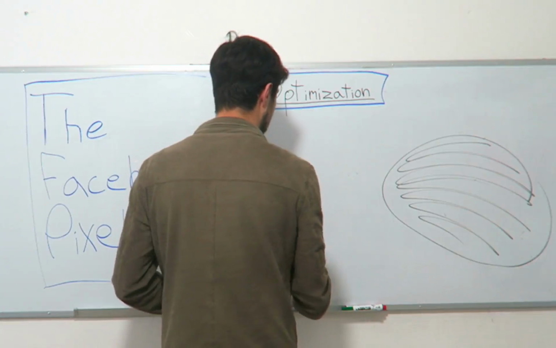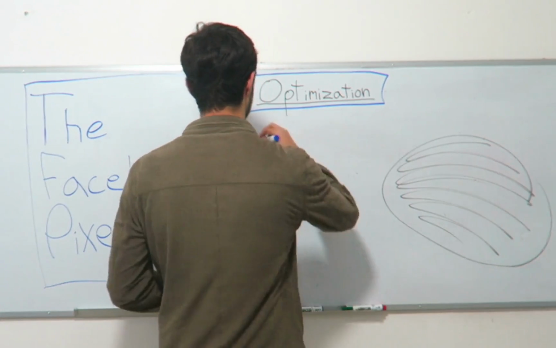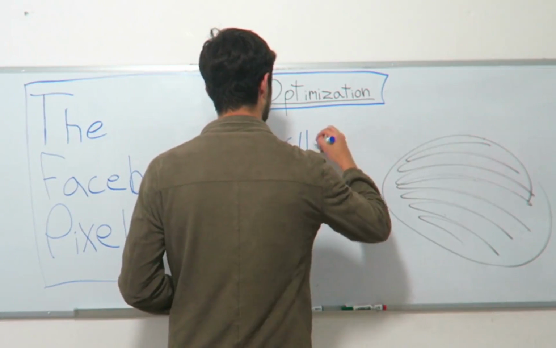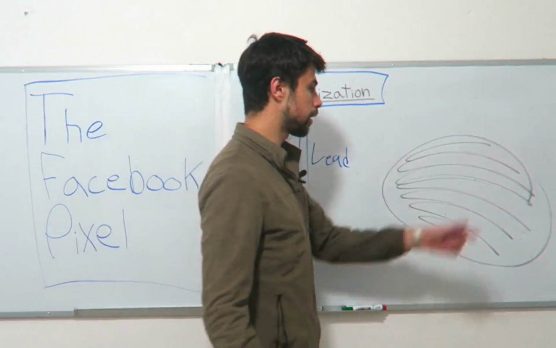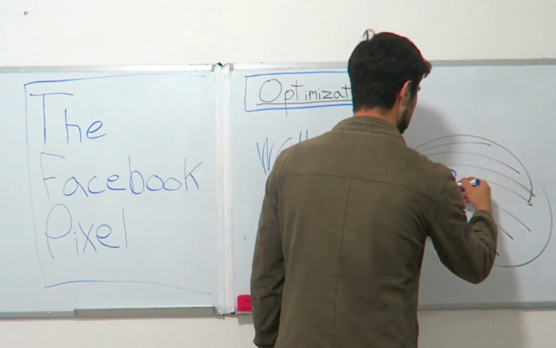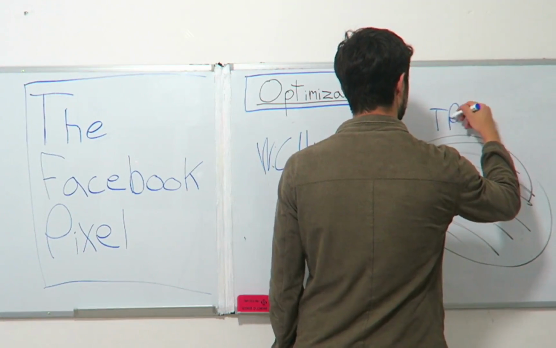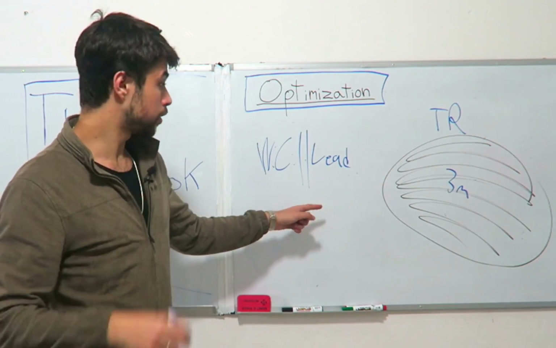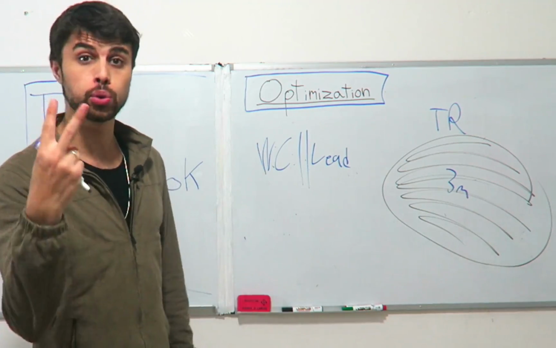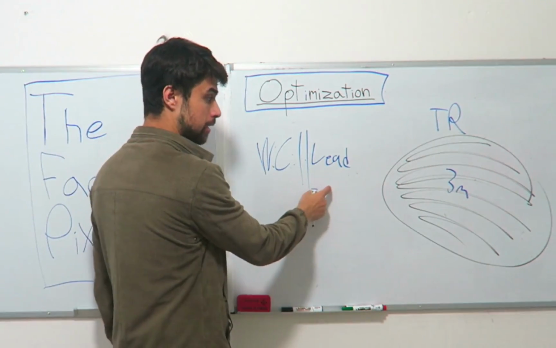Okay, so again, let's take lead, for example, this time. So website conversion lead. You optimize on lead, you target a 3 million audience. Let's say we're targeting Tony Robbins. You have data, you have at least 20 conversions on your lead a day in the last 2 weeks, so you can optimize on that.